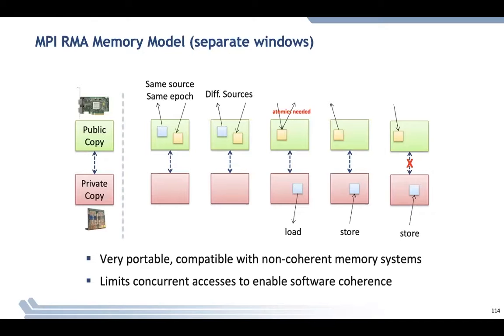This just explains the same thing with the way it is defined in the standard. The standard says to assume that your window memory actually has two versions of it, a public version and a private version. In the separate model, you need to take some steps to make that private version consistent with the public version.